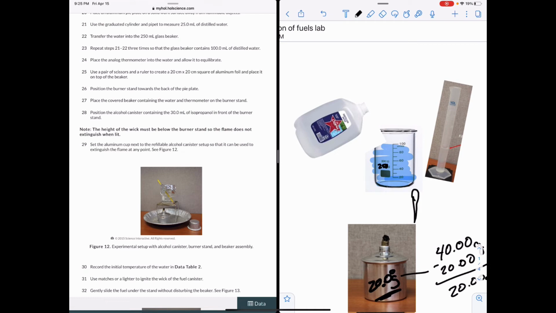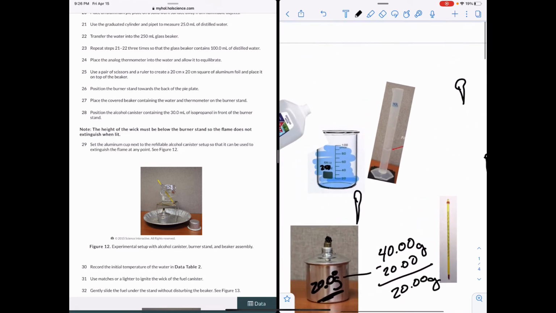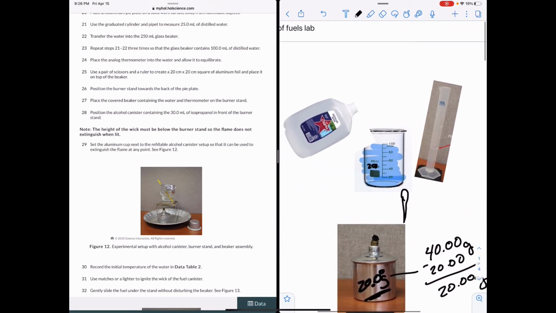And because you calculated the density up at the top, remember we calculated that density, I think it was 1.11. If you put 100 mils in, remember the density you calculated, in my case, and yours won't be this number, so don't try to use it. It tells me that I actually have 110 grams.